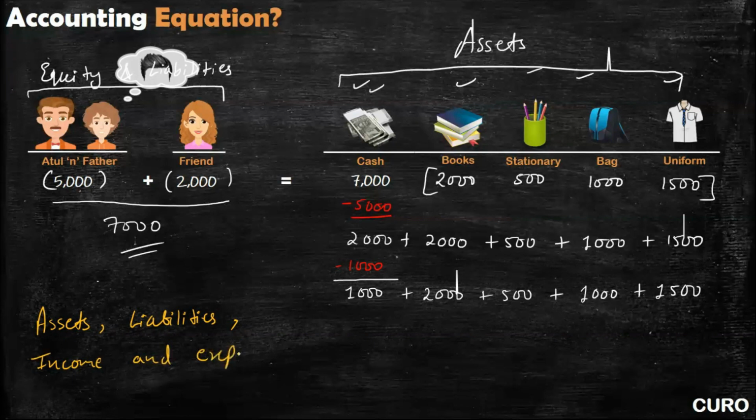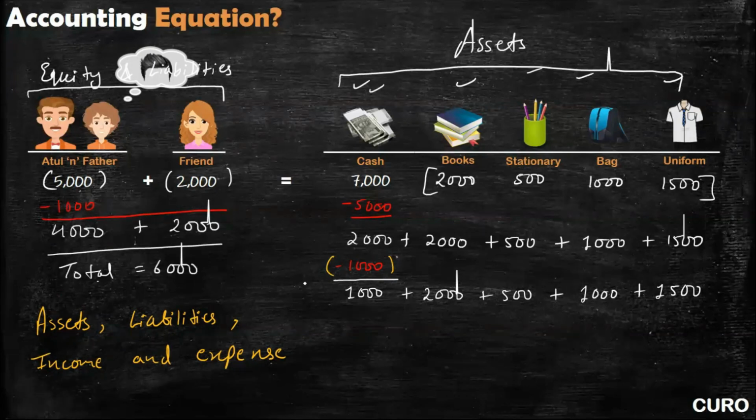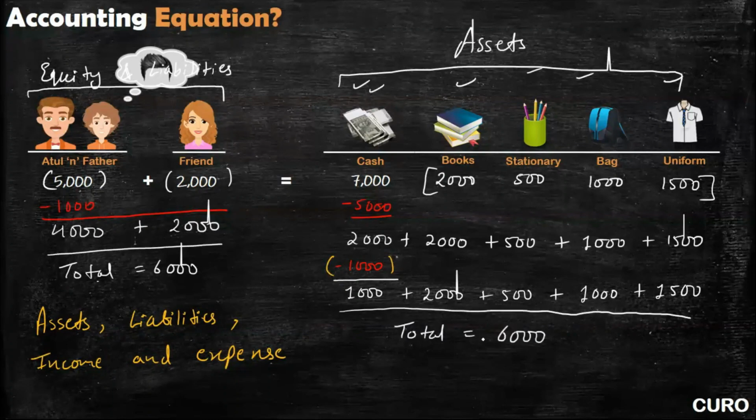And all the income is added to equity and every expense is deducted from it. As money spent on hairstyling is treated as expense, so reduction of cash is one aspect of this transaction and reduction of equity fund is the other aspect of it. And now this equation is again balanced.